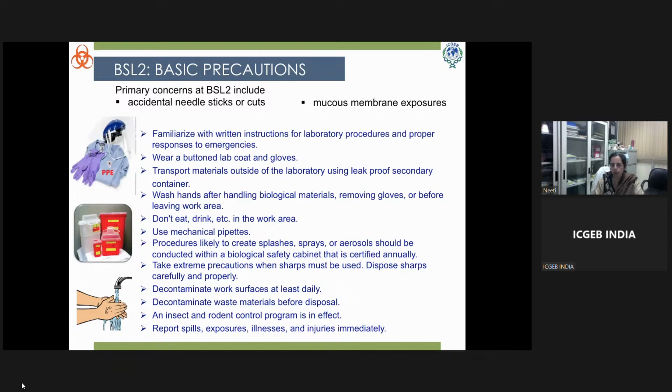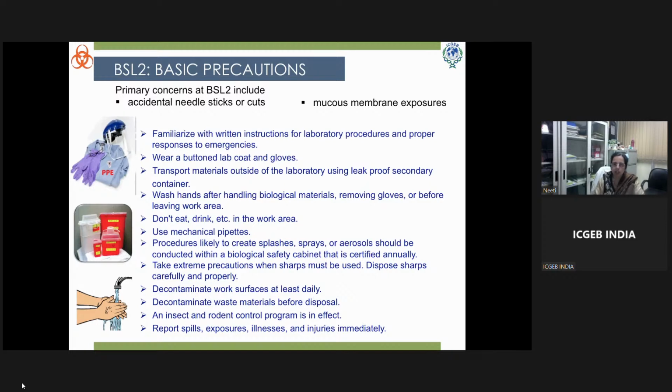There should be procedures for laboratory work in which there is a chance of creating a splash or a spray, especially when you are opening a small Eppendorf tube or a microfuge tube. When there is a pathogen involved, it is better handled within a biosafety cabinet.